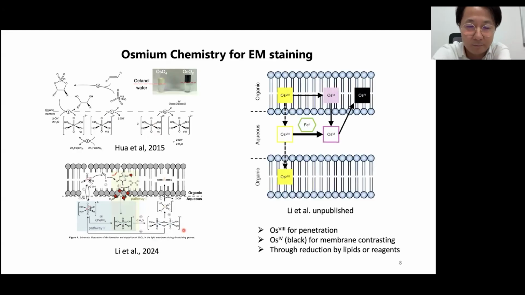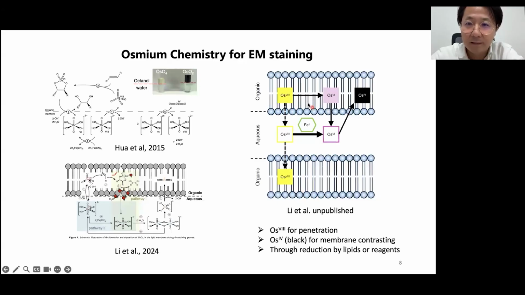I don't want to explain all this complicated chemistry. I'd rather simplify the key process. One is osmium-8. Osmium tetroxide can penetrate through the membrane bilayers quite easily by changing configurations.